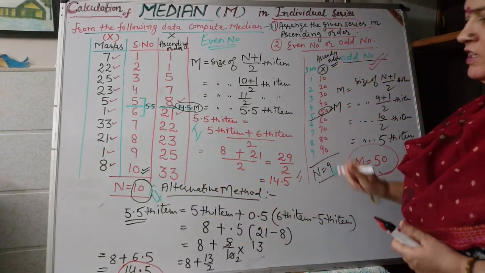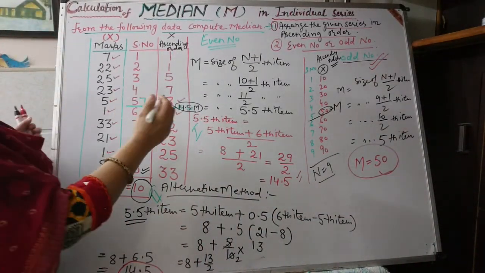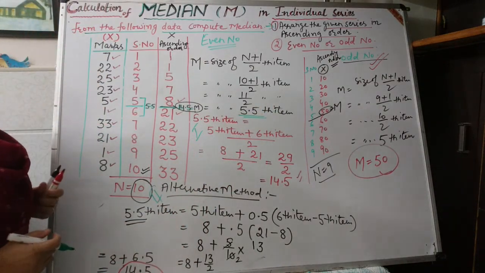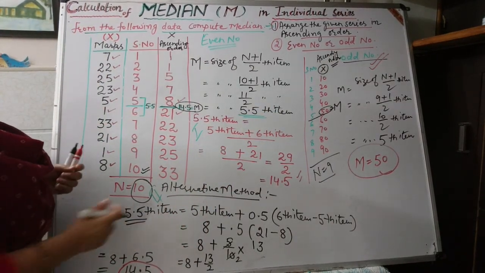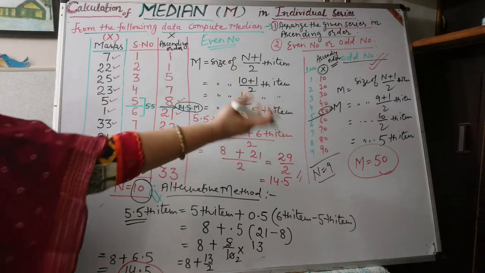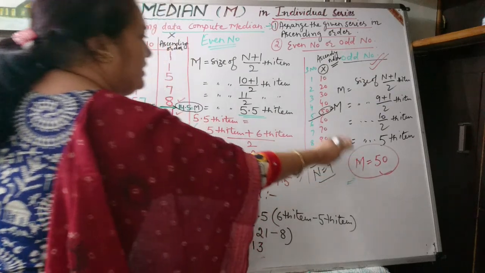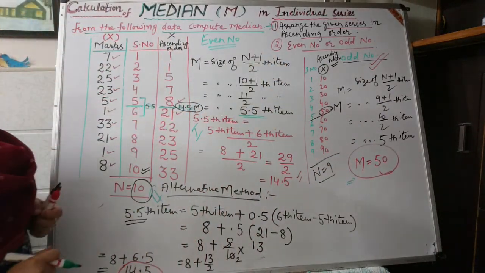So in this way we can calculate median if we compute the calculations in decimals, and then apply these two formulae. Otherwise, if we have odd numbers, then clear cut we can calculate median with the help of the given series only.